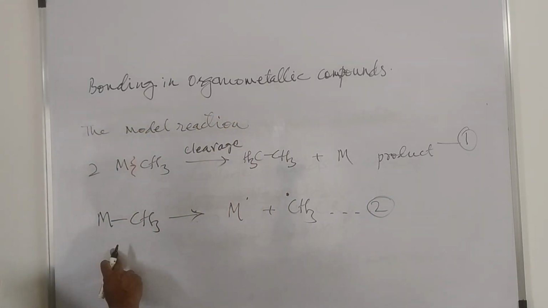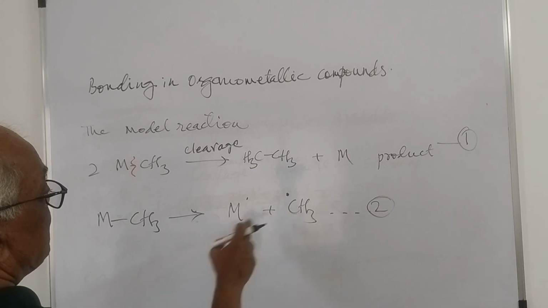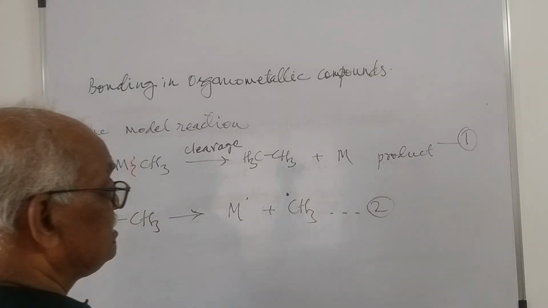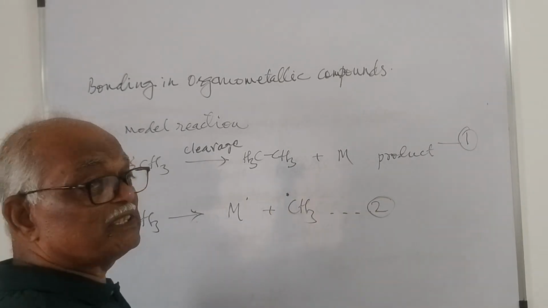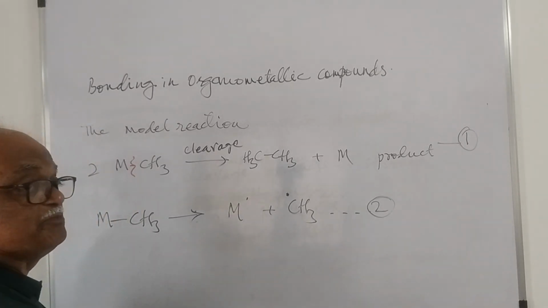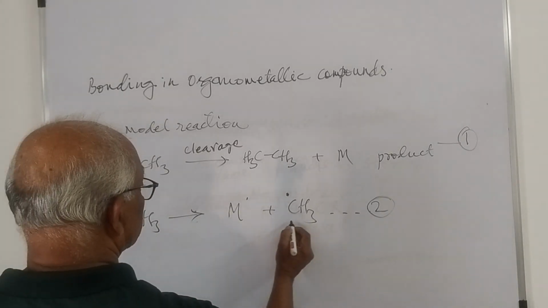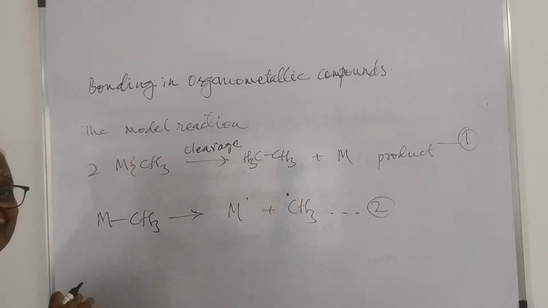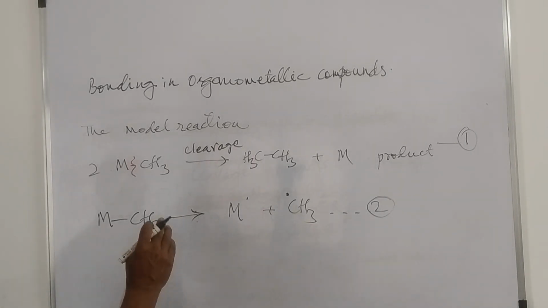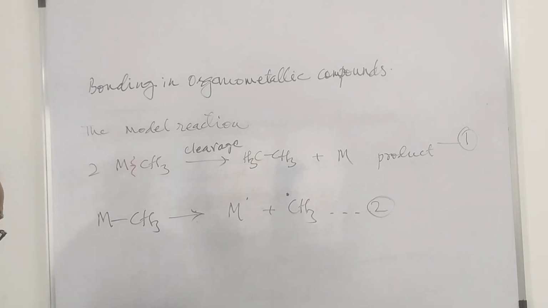Here, the reaction will be driven to the right where the free radicals are formed, and that will be removed. If we remove the methyl free radical from the reaction products, then this reaction is more directed in the forward direction. So that is favorable in the forward direction, and that is why the rate of reaction will go on increasing.